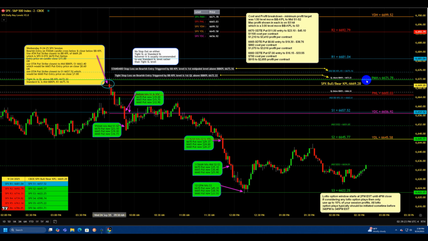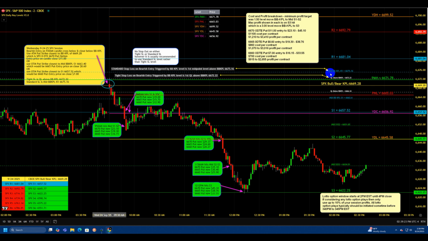The default setting for the indicator when you first use it is that it will show the first midpoint above the BBKPL, the first midpoint below the BBKPL, as well as the first QL above the BBKPL and the QL below the BBKPL.